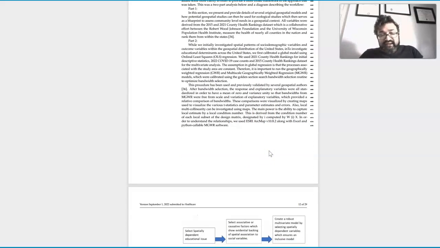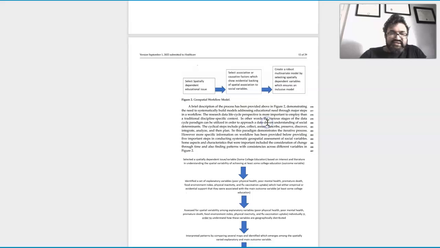So the main software that was used was Esri ArcMap, version 10.8.2, along with Python callable MGWR software, and Excel. So the 10,000 or 30,000 mile view from up above is figure two.